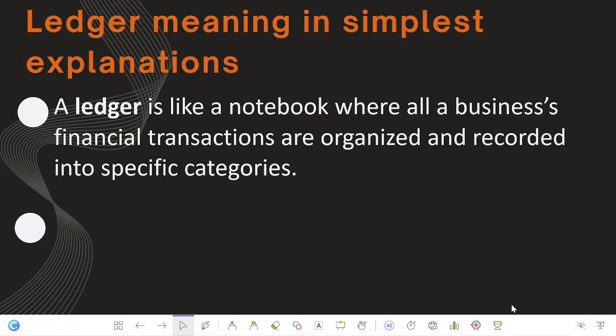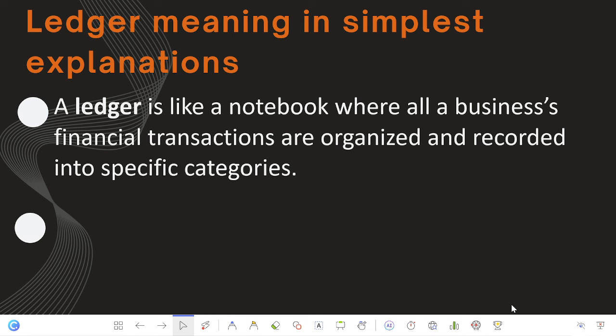The ledger meaning in simplest explanation, without caring much about sophisticated financial terms: a ledger is like a notebook where all of a business's financial transactions are organized and recorded in specific categories.